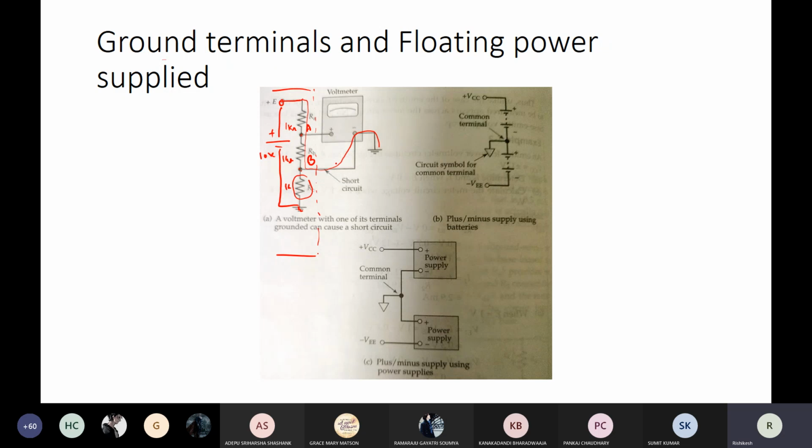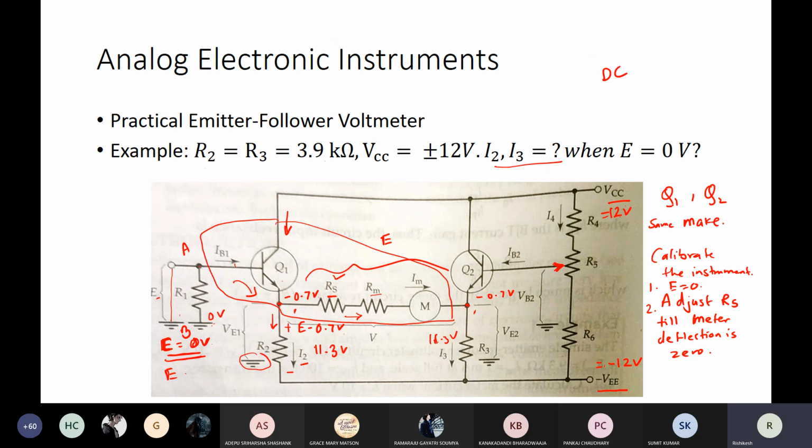This is why, in the case of the voltmeter, we use a different symbol to represent the common terminal. You see here a circuit symbol for the common terminal. This is not the ground terminal of the external circuit whose voltage we are trying to measure. This common terminal is derived from the battery or power supplies from which we get the voltages VCC and minus VEE.